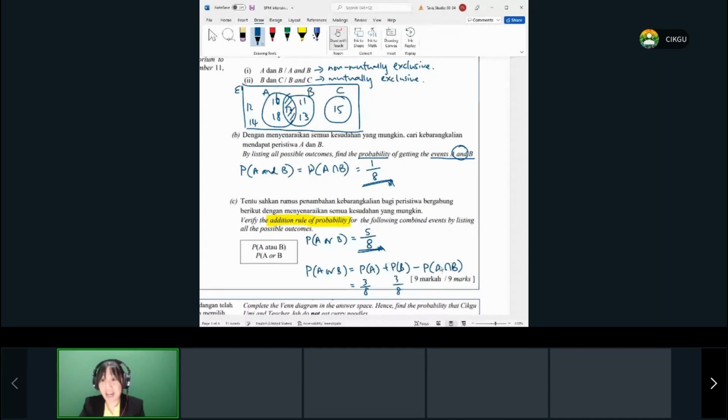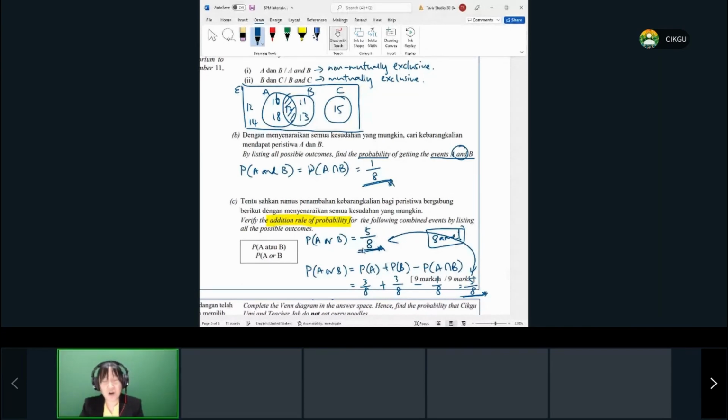Probability of A and B, I want both to happen together, so only one option here. So 1 out of 8. So 3/8 plus 3/8, 6/8. 6/8 minus 1/8, 5/8, which is the same answer as if we use our basic understanding.